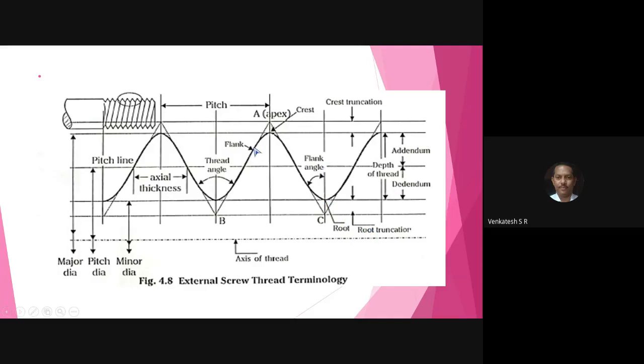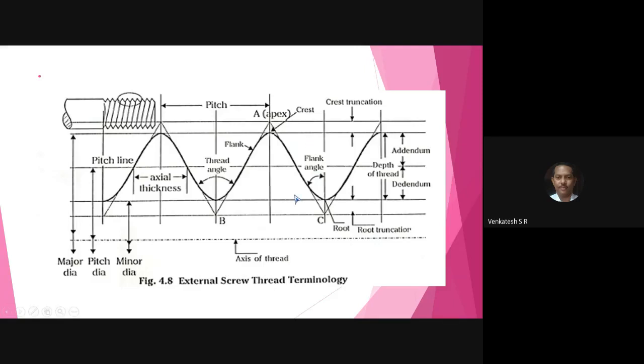The inclined surface of the screw thread is called flank. And the angle between the two flank surfaces of the screw thread is called flank angle.